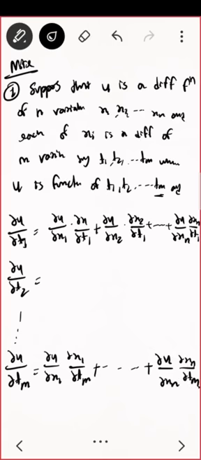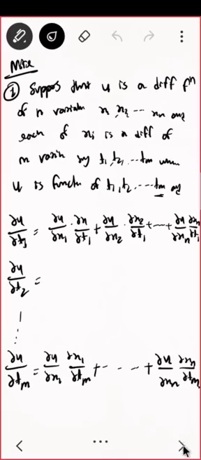Correct. And what next? One more. In particular, if we talk about just two variables, that will also work, and we have done it in general, but basically let us write it for two variables because we will be using only this all the time.